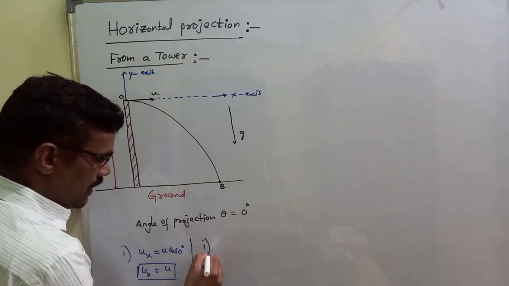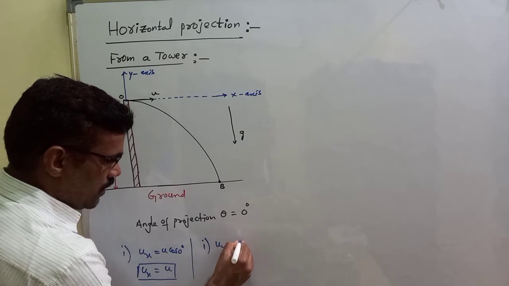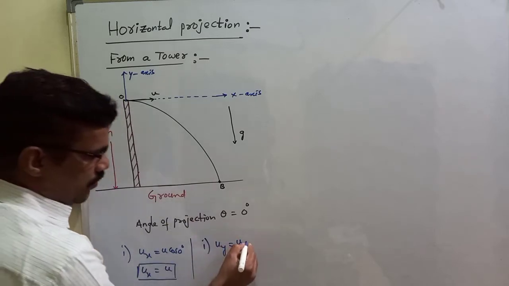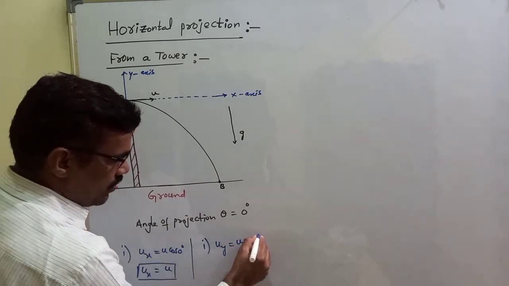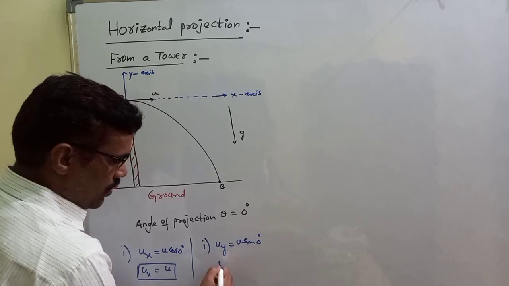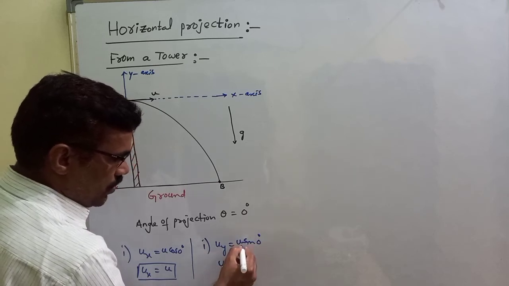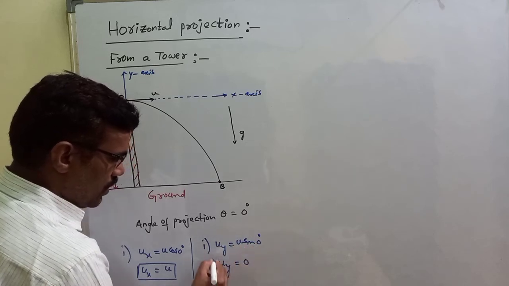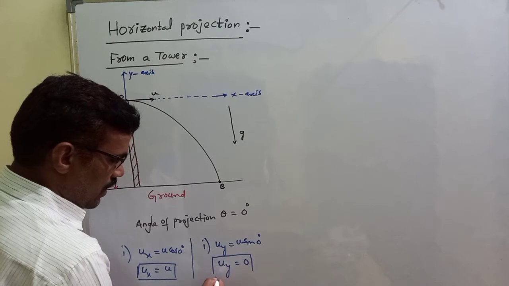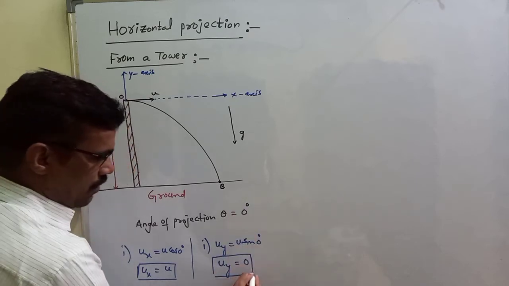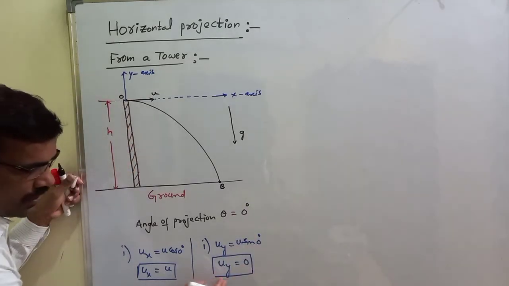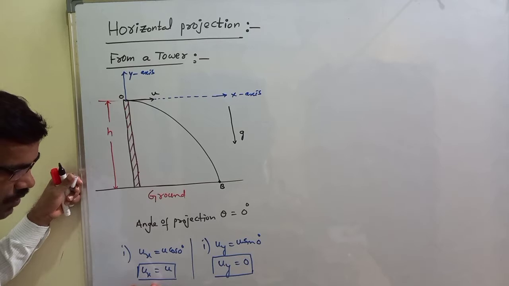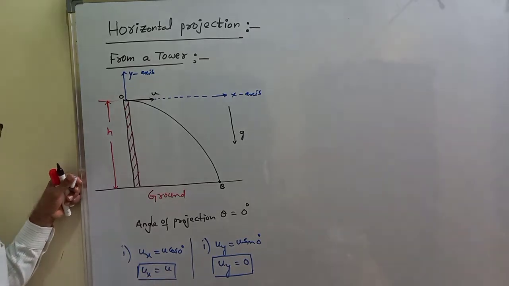Then the initial vertical component of velocity is u sin 0. Sin 0 is 0. That's why u into 0 is 0. So the vertical component of velocity initially is 0. The horizontal component of velocity is u.